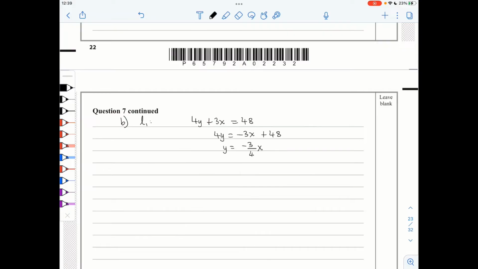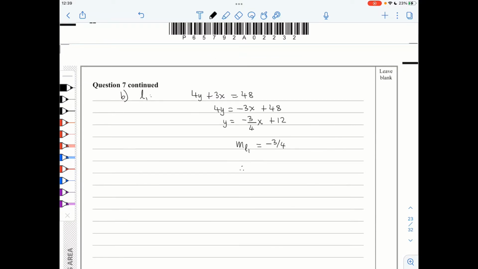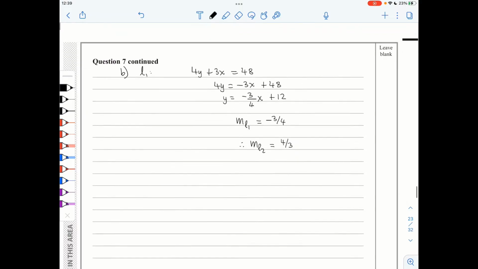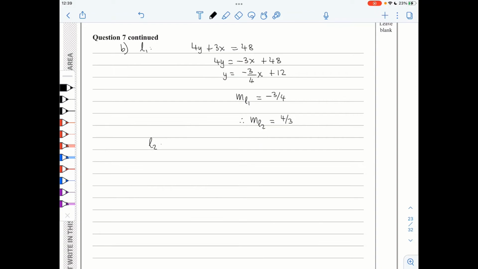So y is minus 3 over 4x plus 12. So the gradient of L1 is minus 3 over 4. And therefore the gradient of L2 can be found by flipping and changing the sign. It's 4 over 3.